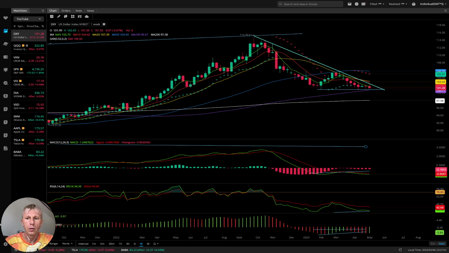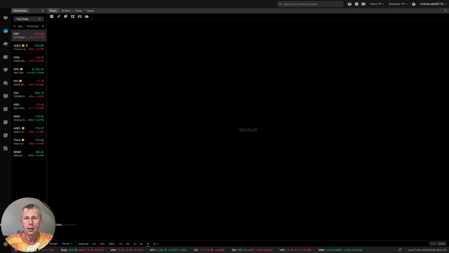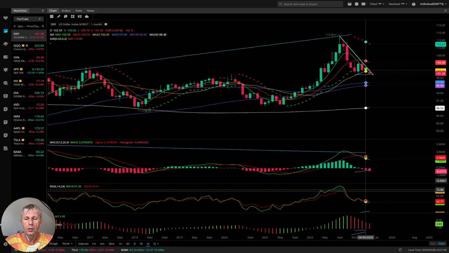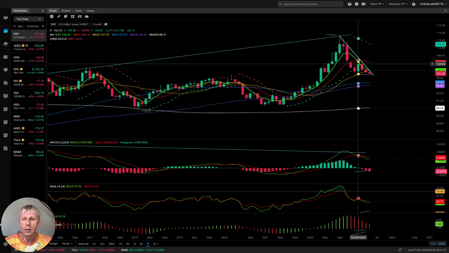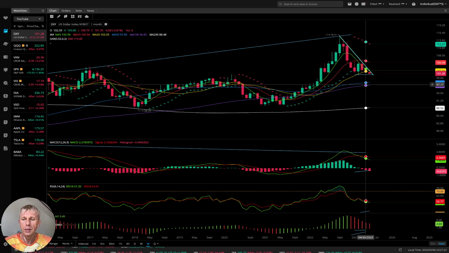Let's say weekly. Okay, it's bearish. Weekly, bearish, all indicators for the USA dollar. Monthly, it is bearish for the USA dollar, for all indicators.